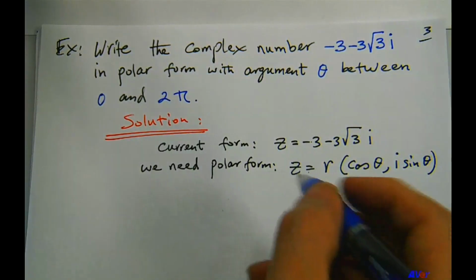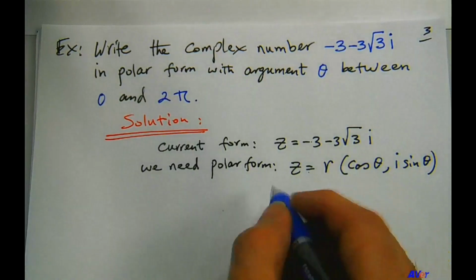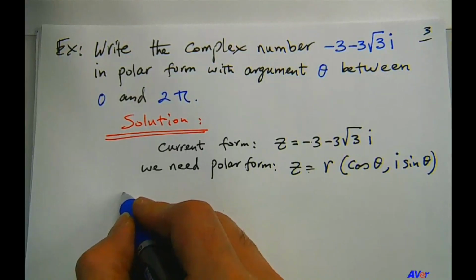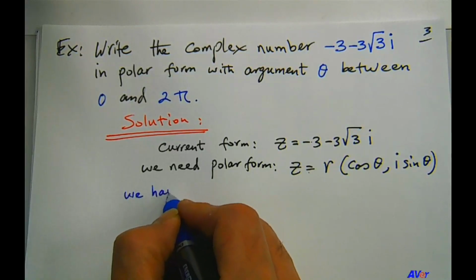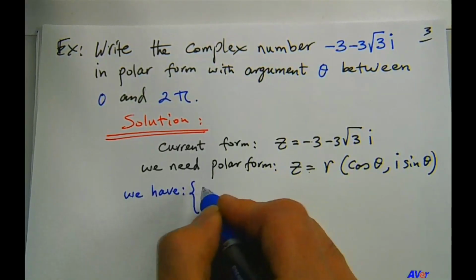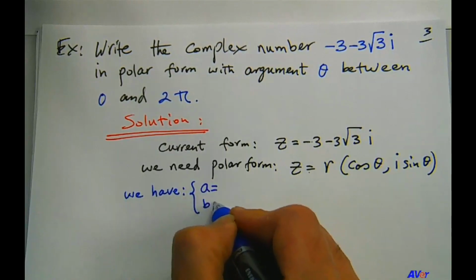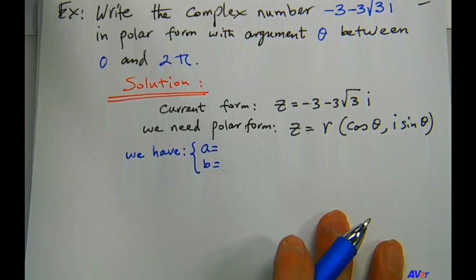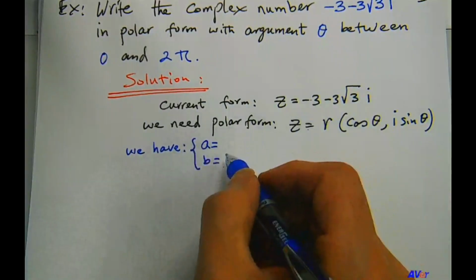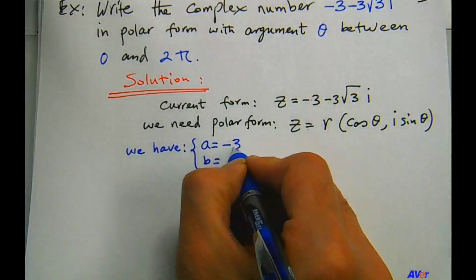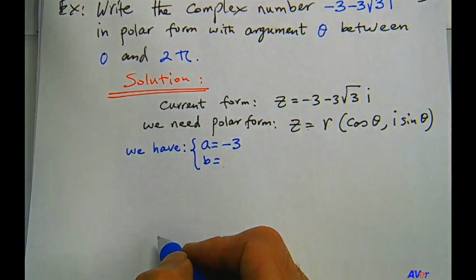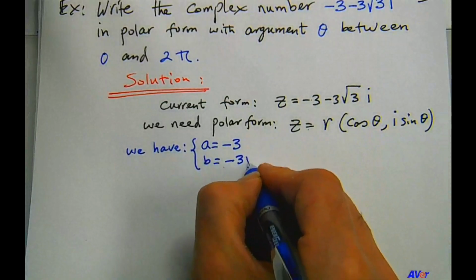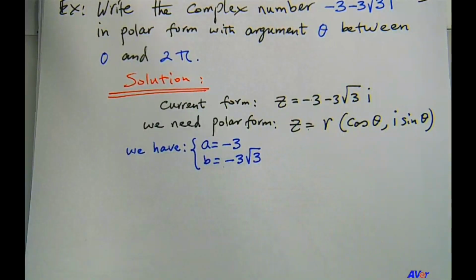At this point, we have a and b, right? What is a in this case? Do you see what a is? a is minus 3. What is b in this case? It is minus 3 times the square root of 3.